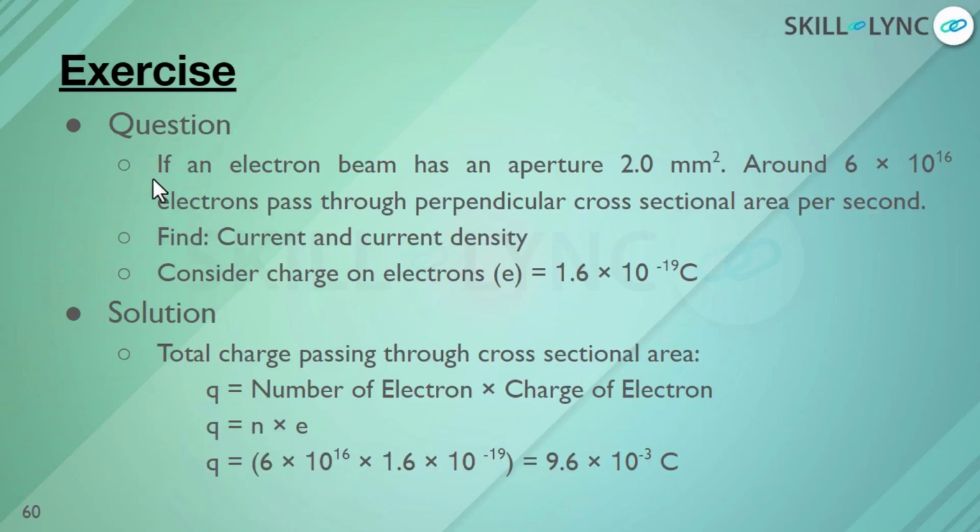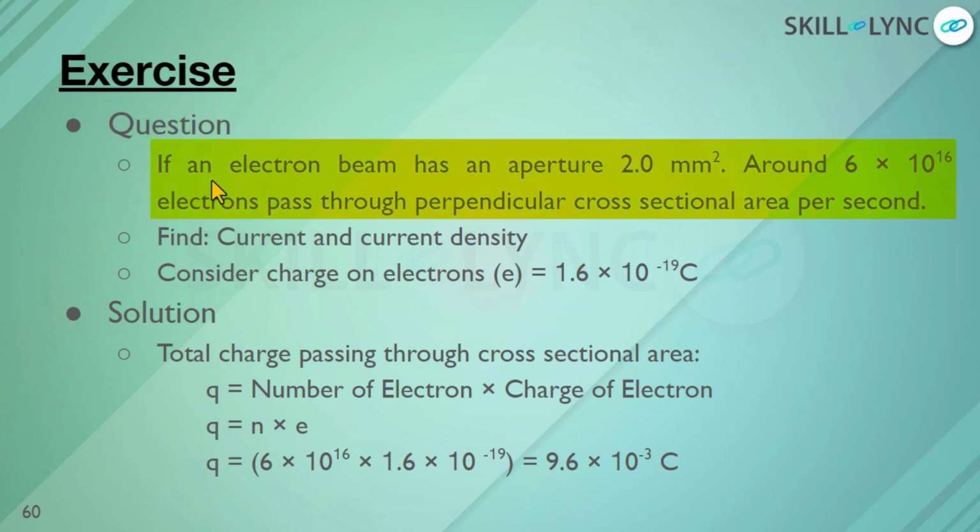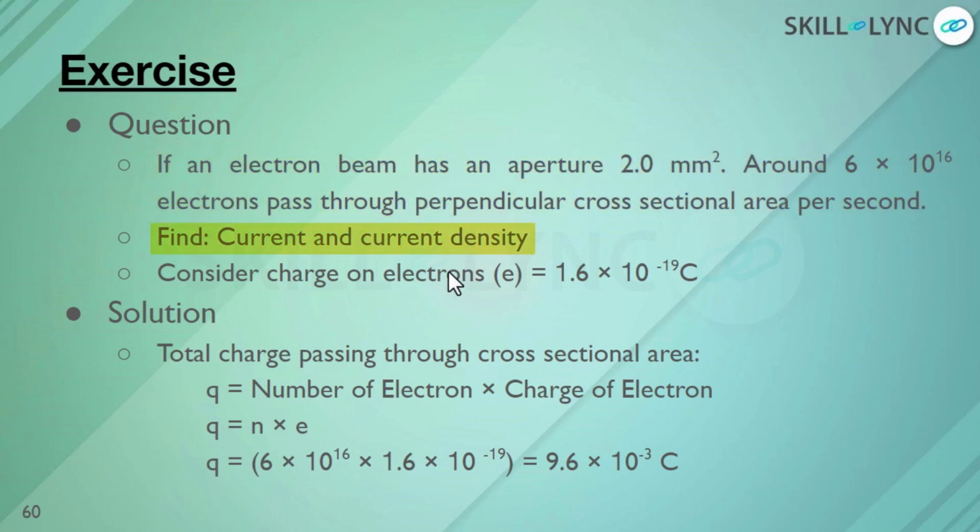Exercise time. The question says, if an electron beam has an aperture of 2 mm square, around 6 × 10^16 electrons pass through the perpendicular cross-sectional area per second. Find current and current density. Consider the charge on an electron to be 1.6 × 10^-19 coulomb.